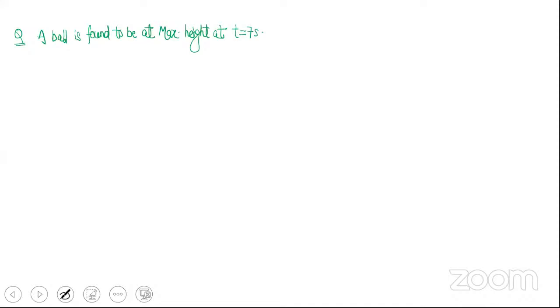A ball is found to be at maximum height at t equal to, let's say, 7 seconds. Then the distance traveled by it in the third second is equal to.